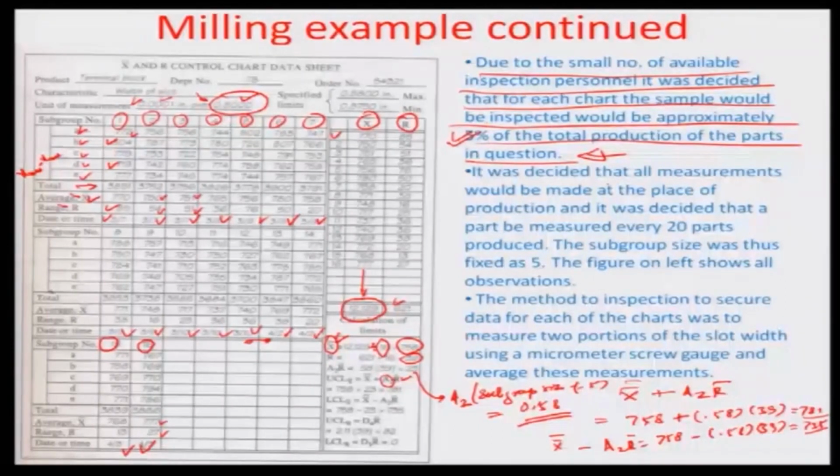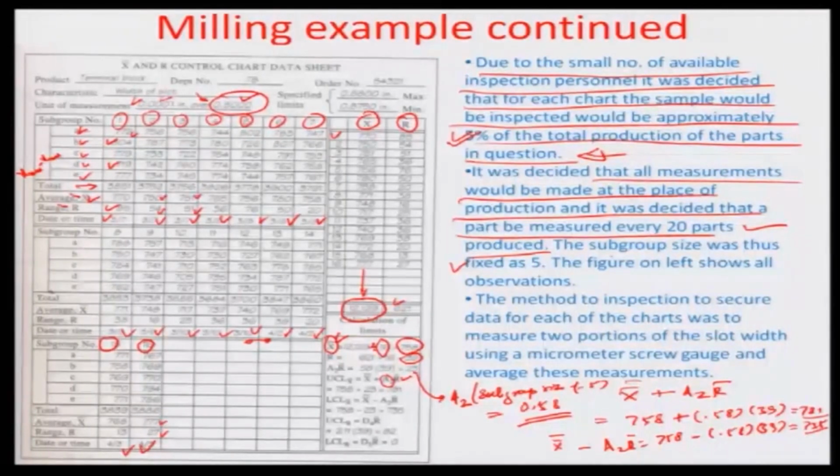It was also decided that all measurements would be made at the place of production, and that a part be measured every 20 parts produced, because it is 5%. Obviously 5 out of 100 is 1 in every 20 parts, and therefore the subgroup size was fixed looking at this, 1 in 20 parts, as 5.